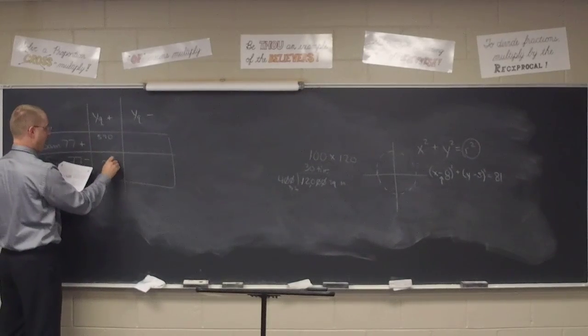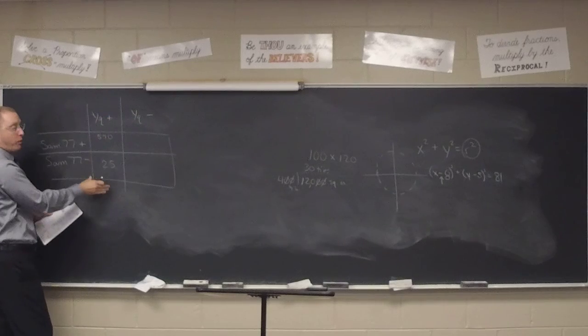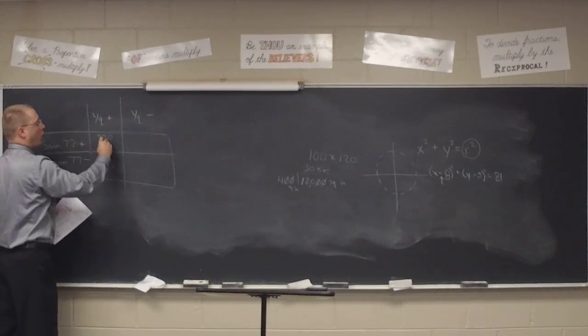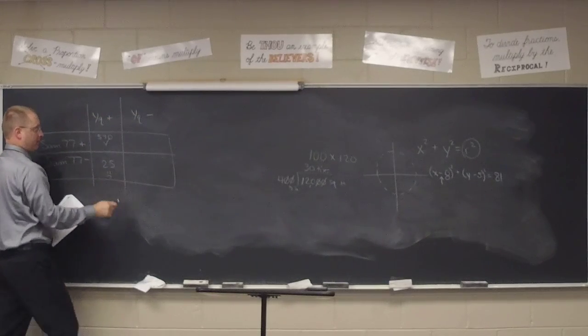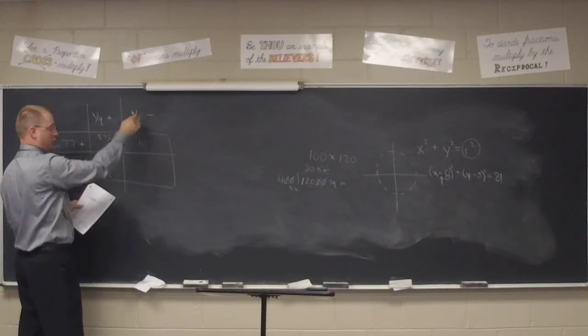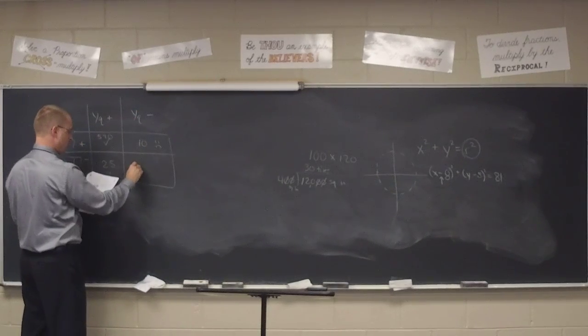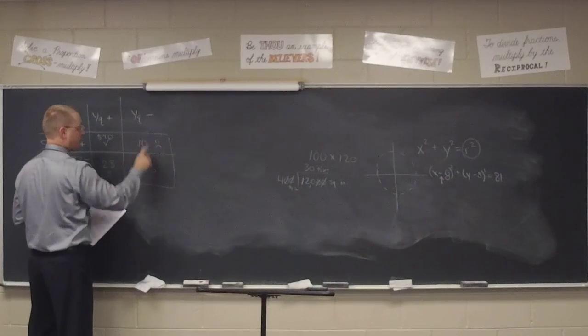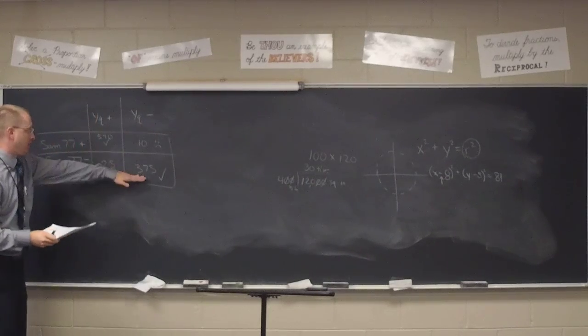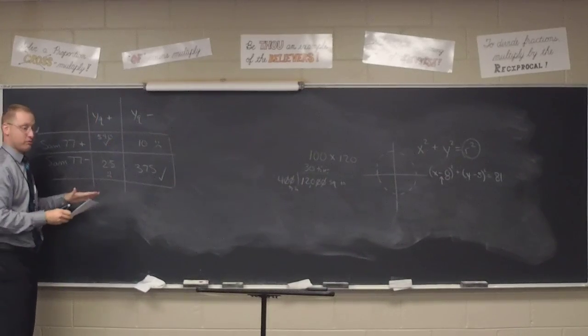Sam tested 25 people negative who also had positive YQs, right? So these are all accurate. These are sad. Okay, he tested 10 people positive that should have been negative. Those are sad. He tested 375 people negative, which really were negative. So these are accurate results. These are his bad results, right?